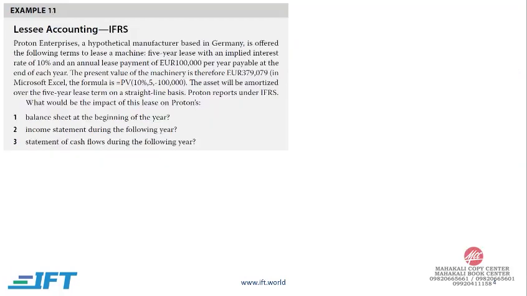Now, example 11, lease accounting in IFRS. In IFRS, there's a single accounting method for both operating leases and finance leases. So either it is an operating lease or a finance lease. These are your assets and these are your liabilities.